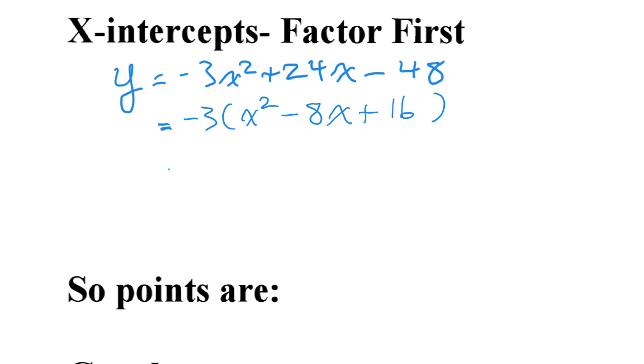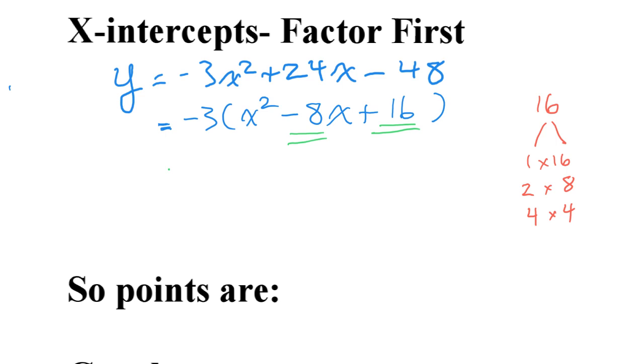Now we need two numbers that multiply to 16 and add to negative 8. So let's do that real quick. We have these three possibilities. Now we need to figure out whether we're going to have a negative and a positive, or two negatives or two positives. When I'm looking at positive 16, I can have either two negatives or two positives to make a positive answer.